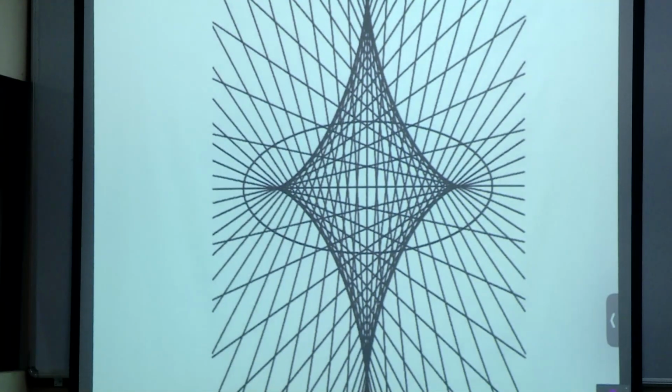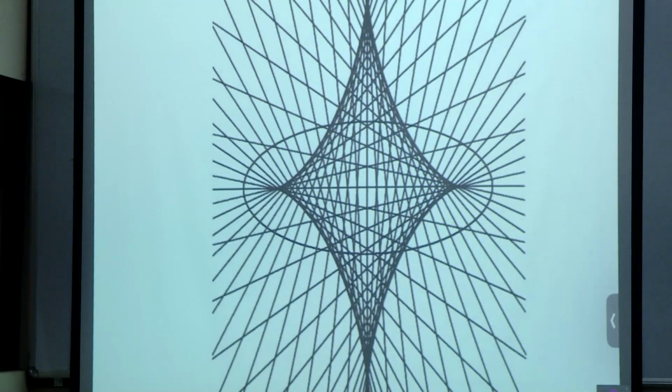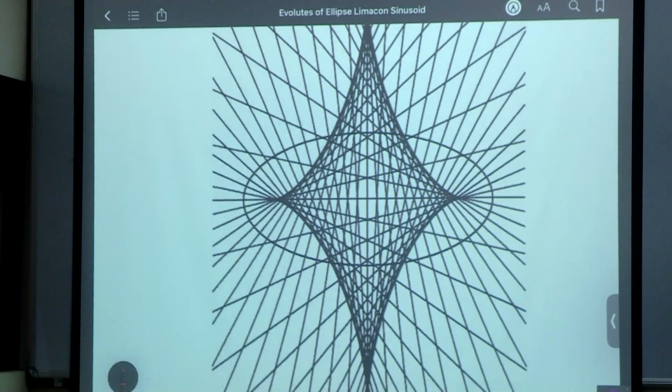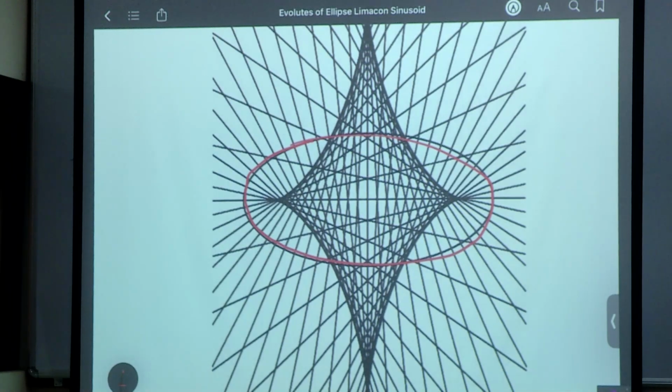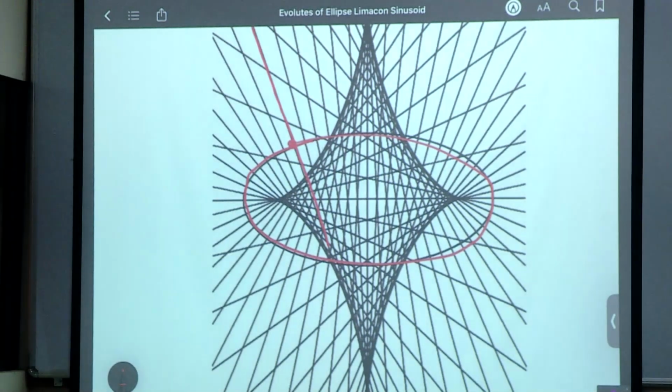Okay, so let me explain this. This is the ellipse. And then what is happening is that at every point of the ellipse I am drawing a normal. So you can imagine, if you take this point, then this is the normal. Then if you take some other point, say here, this is the normal.